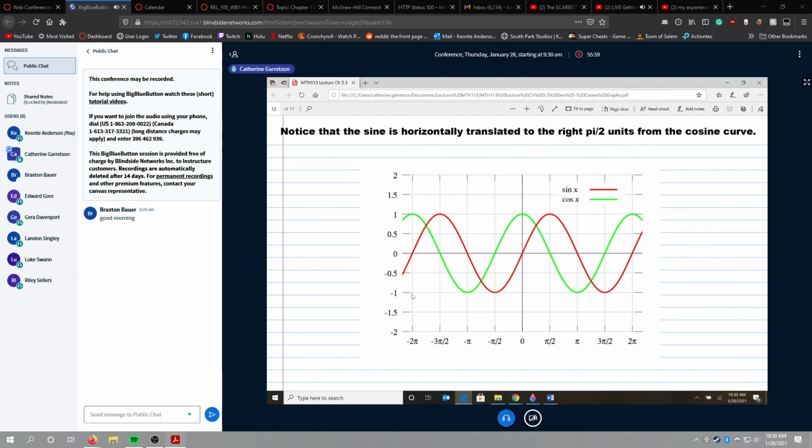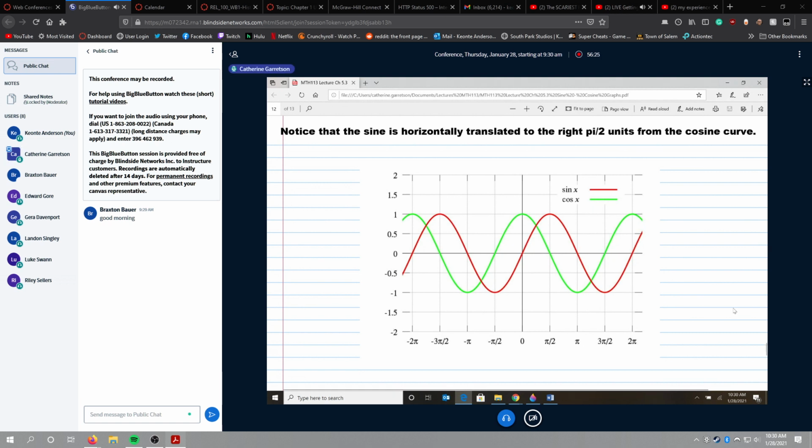It's a continuous curve. They look just alike. They're just not tracking through the same ordered pairs. So while the sine goes through the origin, notice that the cosine is up here at 1 when the angle is 0.